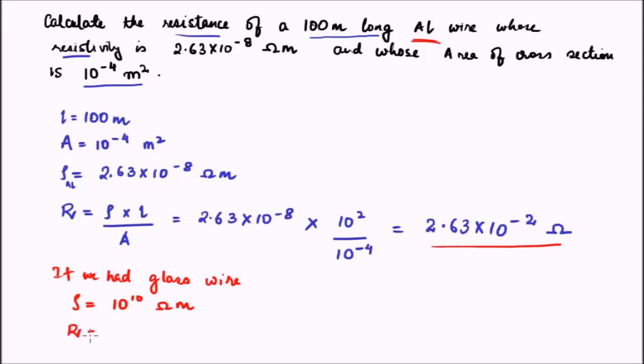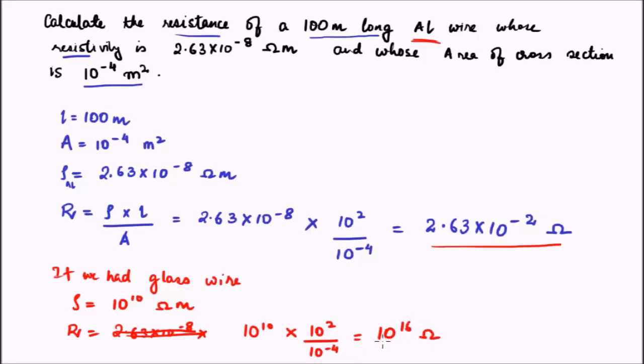The resistance would be, for the same length and same area of cross section, rather, sorry, this I have written for aluminium. We need 10 to power 10, that is for the glass wire, times length 10 to the power 2 upon area 10 power minus 4, and this whole thing turns out to be 10 to the power 16 ohm.